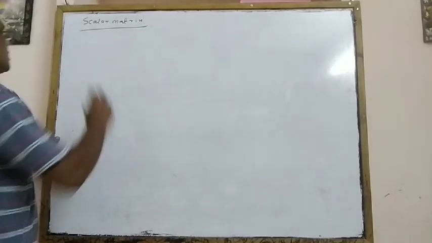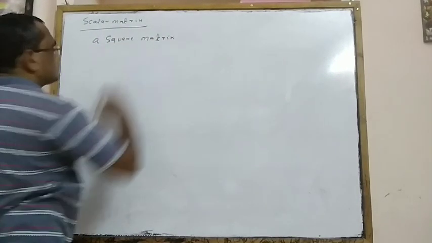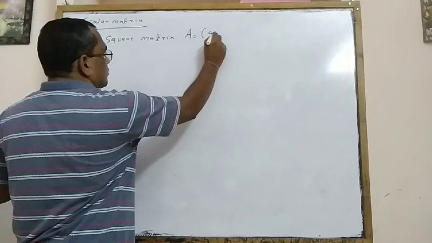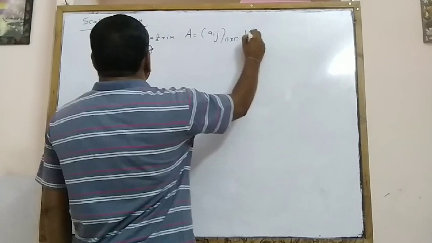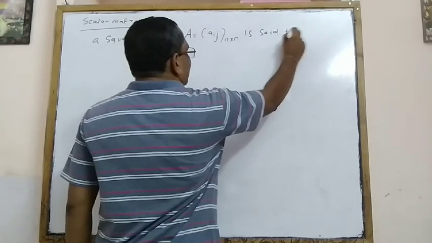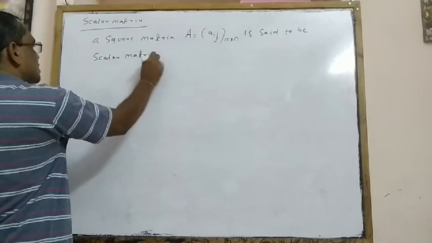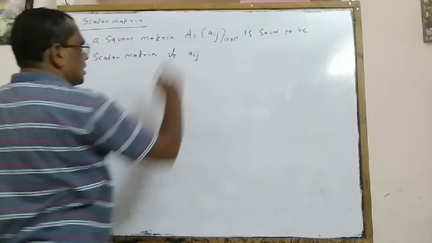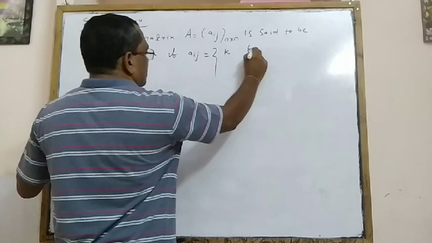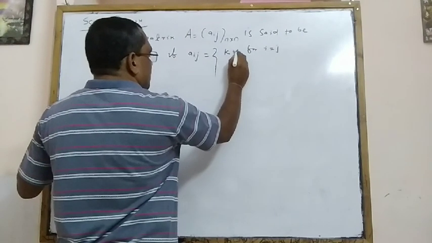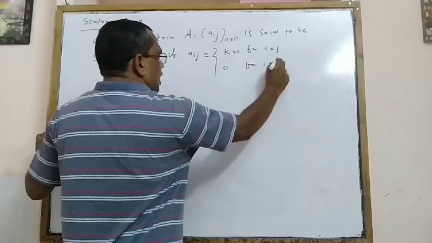A square matrix A = [aij] of order n cross n is said to be a scalar matrix if aij is equal to k for i equal to j, where k is not equal to 0, and 0 for i not equal to j.